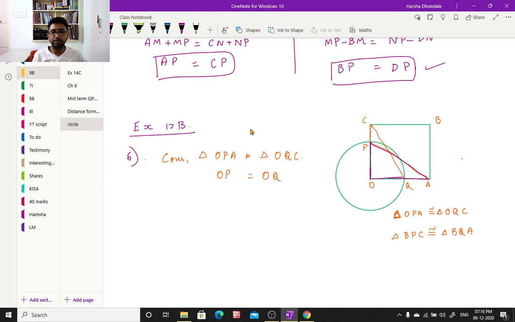Because they are the radius of the circle. I'll just write as radii. Okay, this is done. Next, OA is equal to OC. Reason is, sides of the square.